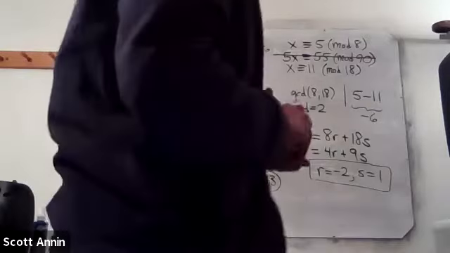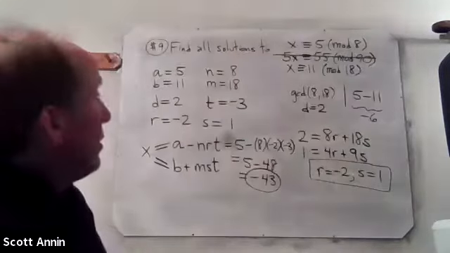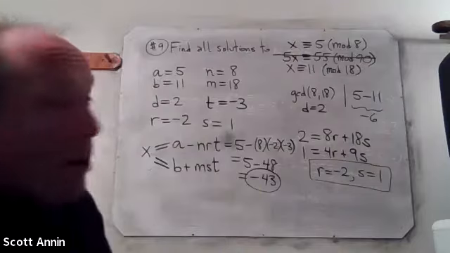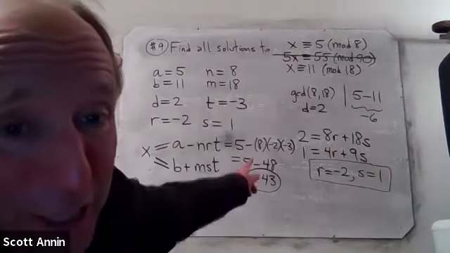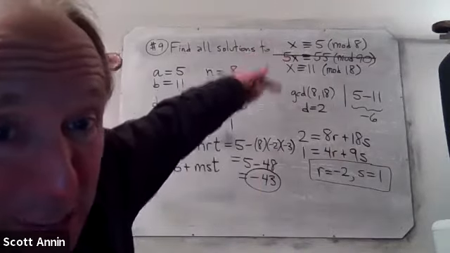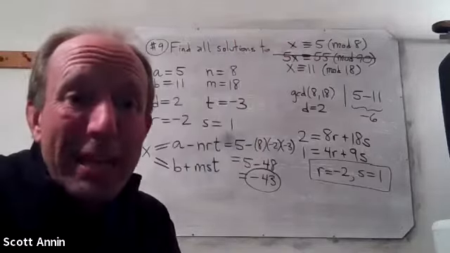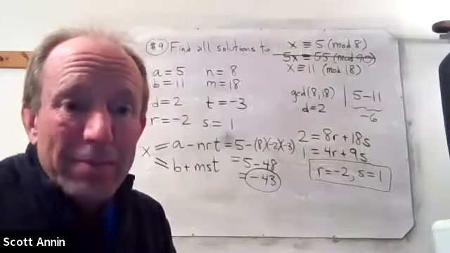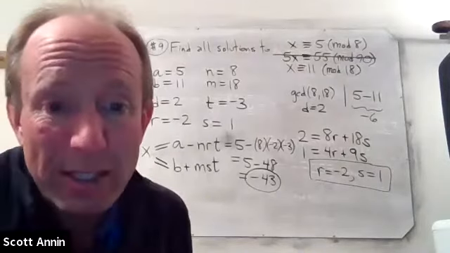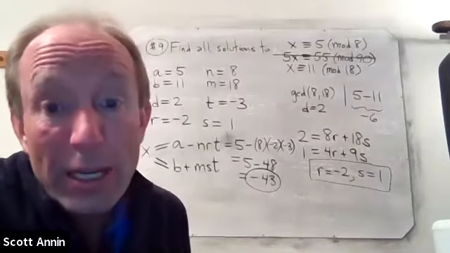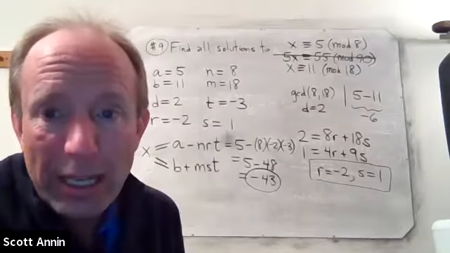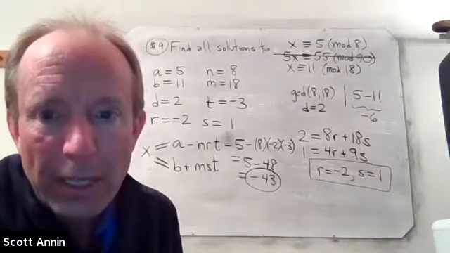Okay? It's never a bad idea to check your answer if you can. Just plugging -43 into the two congruences to make sure that works is always a good idea. So we certainly can come up with this.